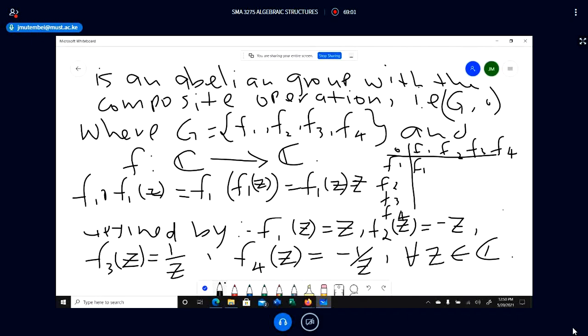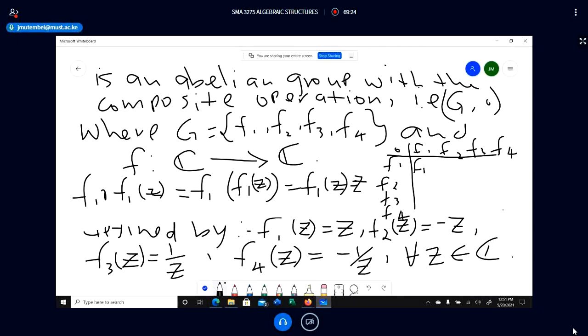So F1 composite F1 of Z, from the definition of composite map, is F1 of F1 of Z. F1 of Z is Z, so it's like having F1 of Z, which is equal to Z itself.